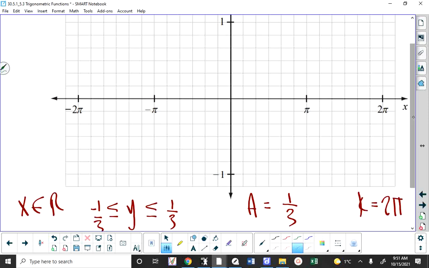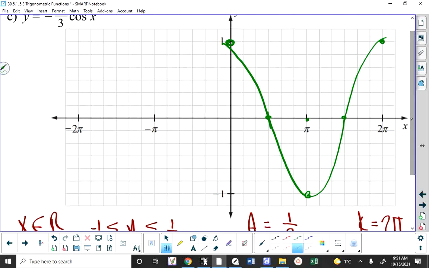Here's what cosine of x looks like. That's cosine of x, but it's stretched vertically by a factor of 1/3.